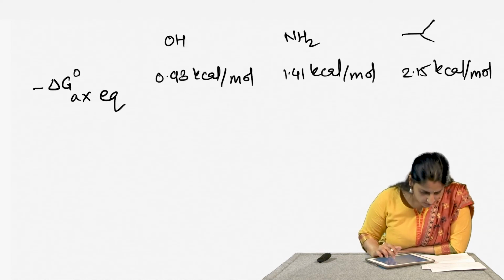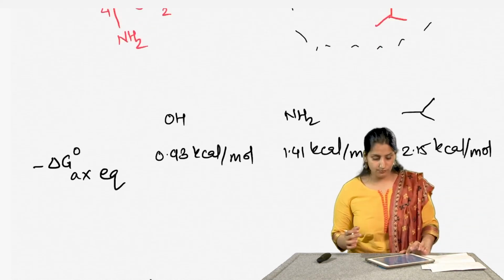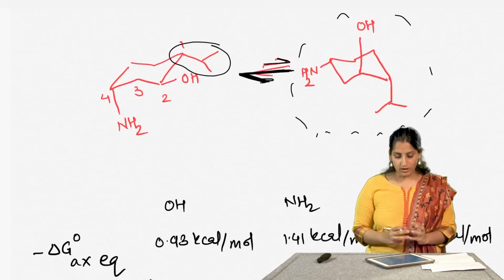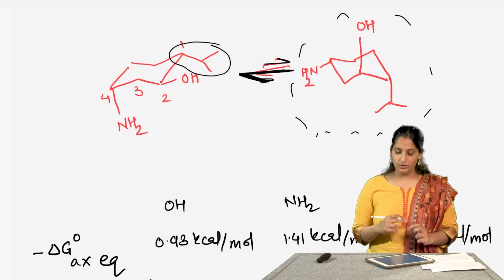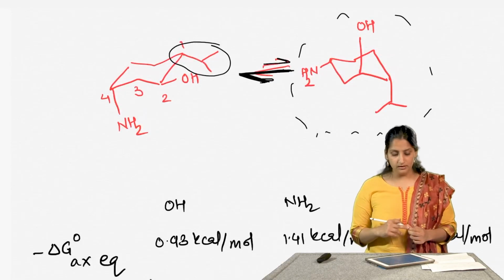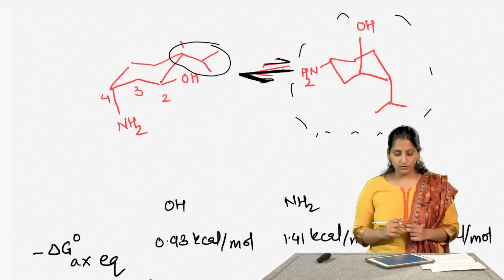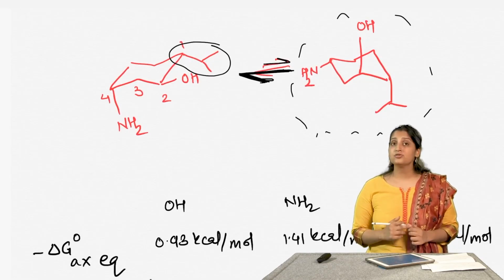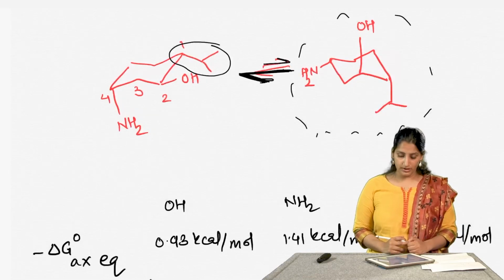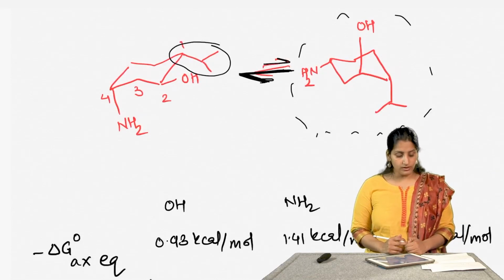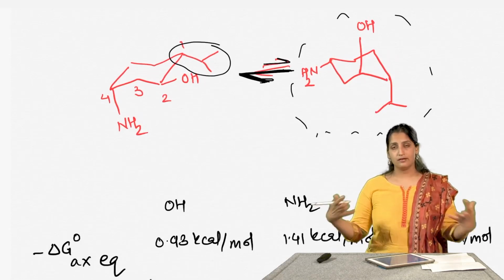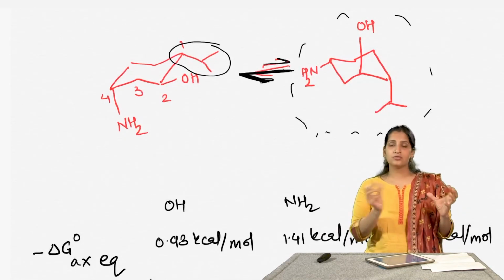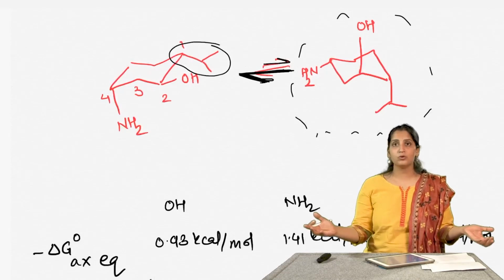Okay. Now, we know that as this flip is happening, not all groups are going from axial to equatorial. In fact, the isopropyl group is going from equatorial to axial. We know that the OH is going from equatorial to axial, but NH2 is going from axial to equatorial. So, what we are going to do now is we are going to sum it up, because delta G values can be additive, in the sense we can add all of these values to really figure out the delta G value for the total flip.